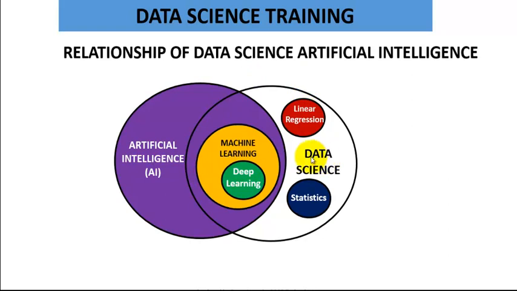So there is no way we'll do data science in detail without looking at machine learning or deep learning. Apart from machine learning and deep learning, there are some tools we make use of in data science, like regression. So in this training, we are going to be talking much about regression.